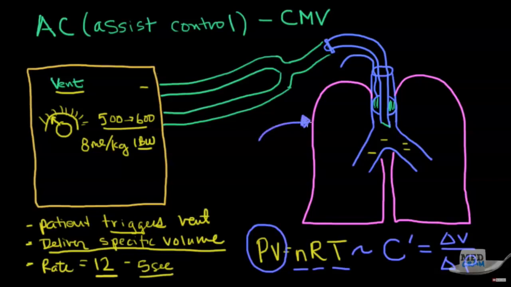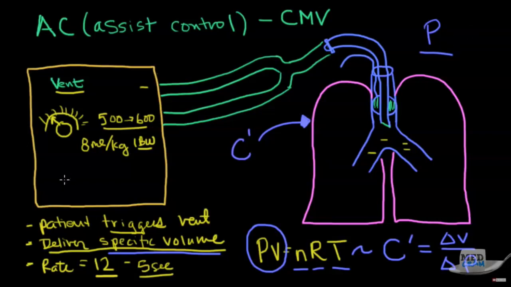The point is that this set of lungs has a specific compliance. And if you are delivering a specific volume into these lungs, you are going to get a specific pressure after you deliver that volume. That pressure can change depending on the compliance.